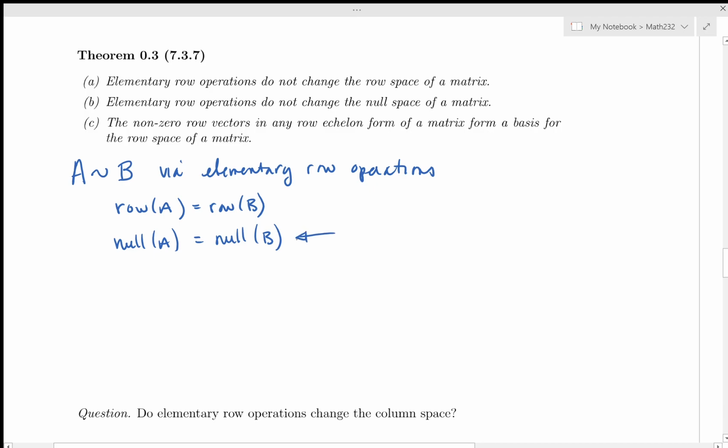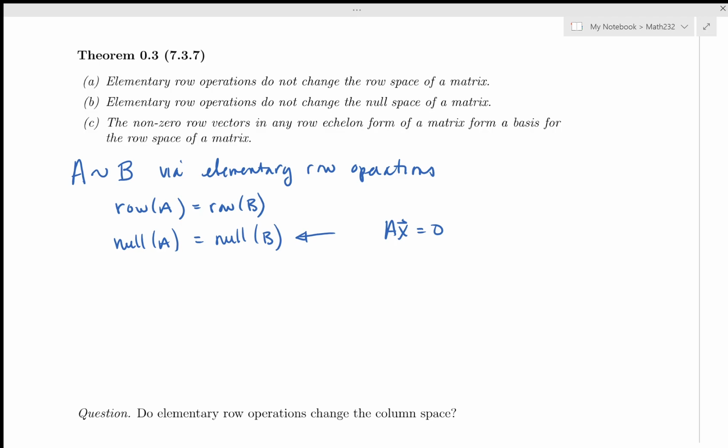And in fact, if you think about this one, what is this telling us? If we're solving AX equals 0, that is how you would find the null space. We do elementary row operations, we get down somewhere, and we identify those as the solutions. We've already been using this: Gaussian elimination does not change the solution set. That's what this is telling us, just in a different way.